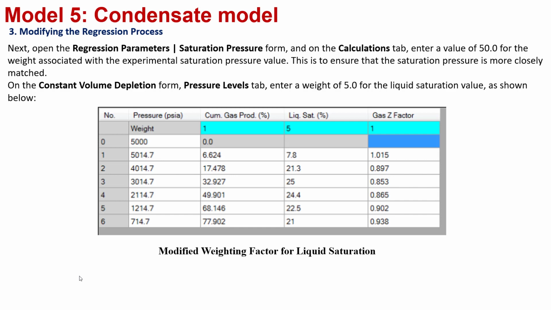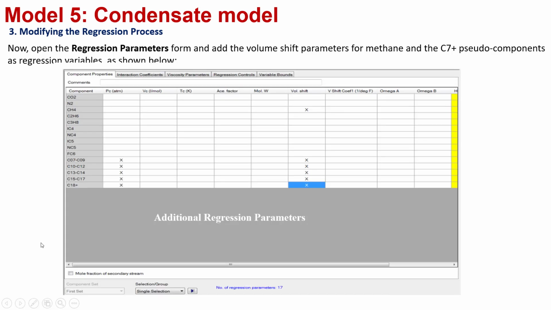And when you have a look at your software, it should have an interface similar to this photo. I call that the modified weight factor for liquid saturation. Okay, so after that, you need to open the regression parameter form and add the volume shift parameter for methane and C7 plus components.